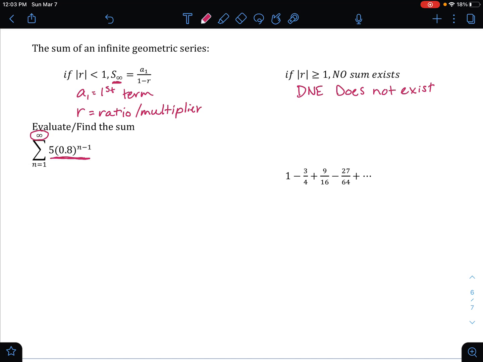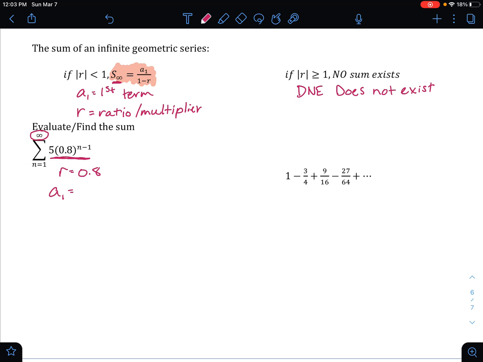When we're looking at this, we're really looking at that r value. Is that r less than 1 or greater than or equal to 1? In this case, it is less than 1, which allows us then to use our formula from above, this guy right here.